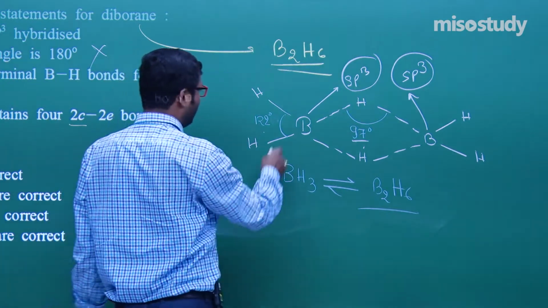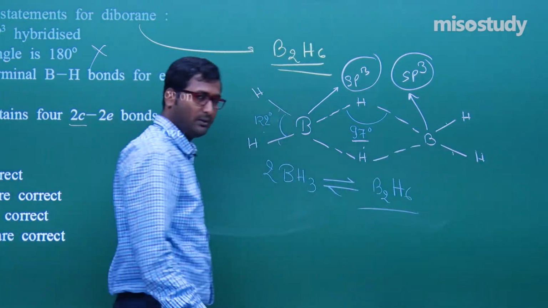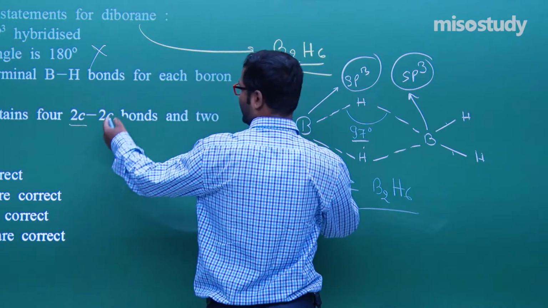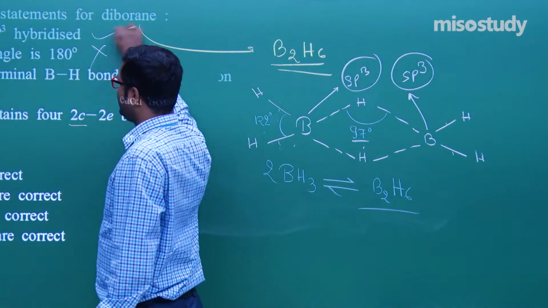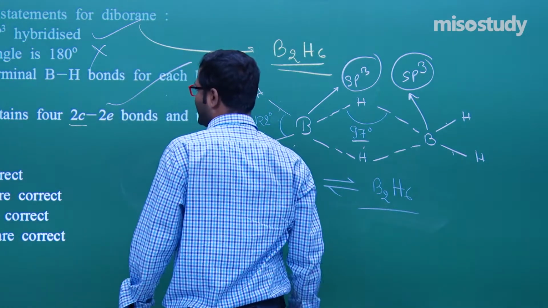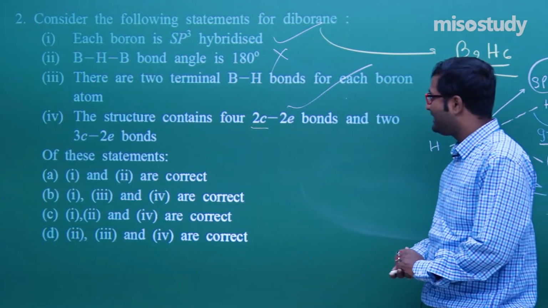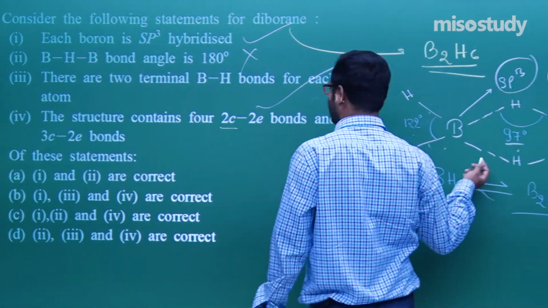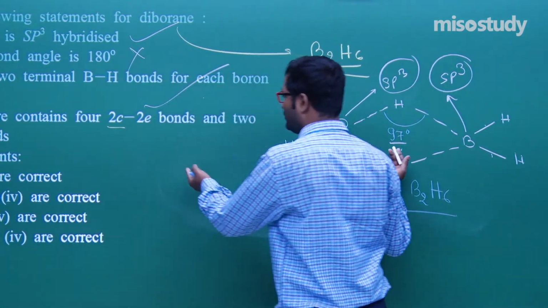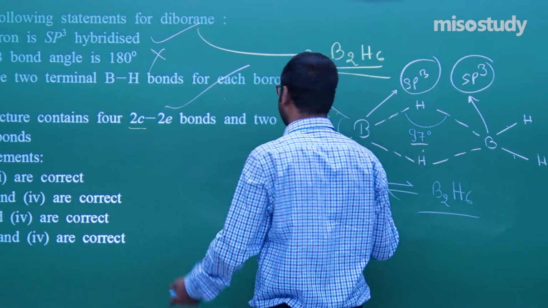Two terminal bonds: 1, 2, 3, 4. Total 4 terminal bonds. Look here, for each boron that is 2 terminal bonds. Okay, that is true. The structure contains 4 2-center 2-electron bonds and 2 3-center 2-electron bonds.